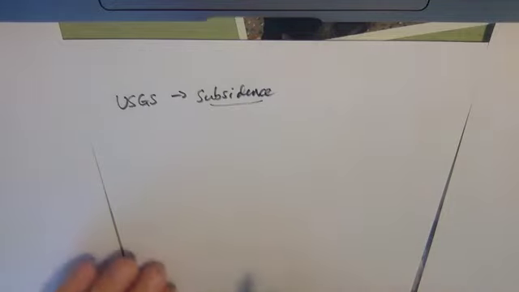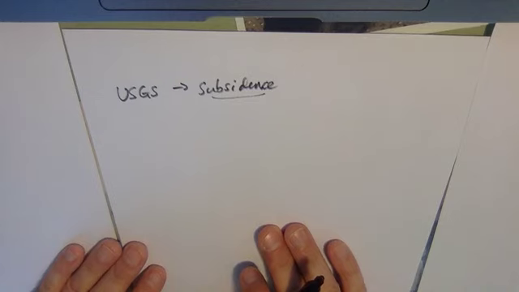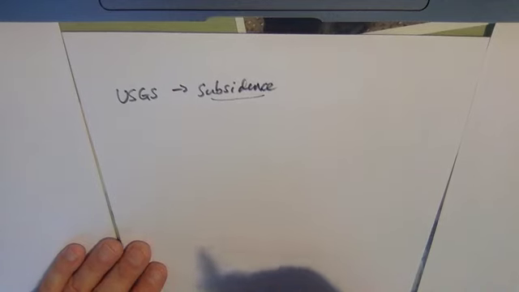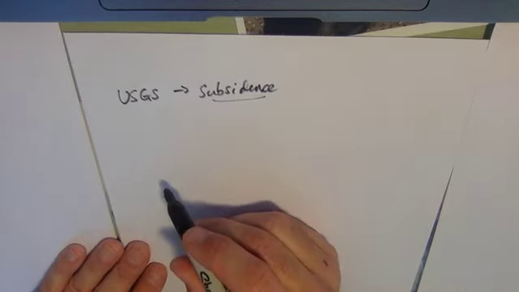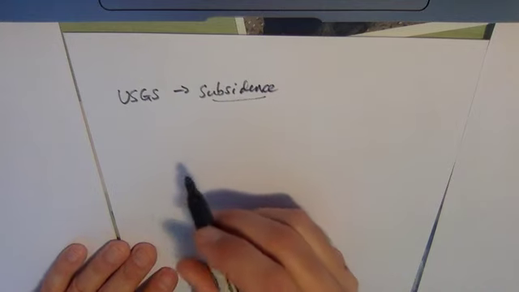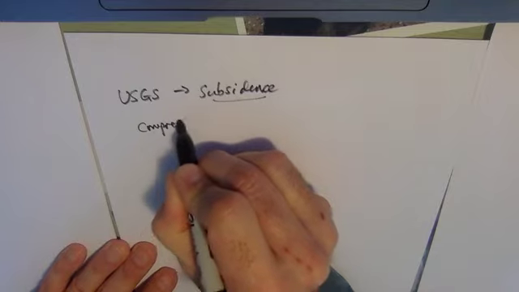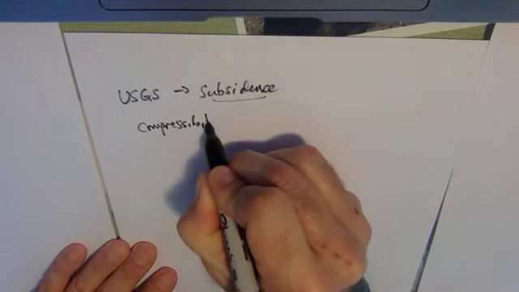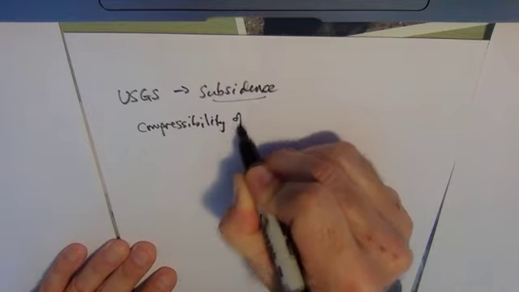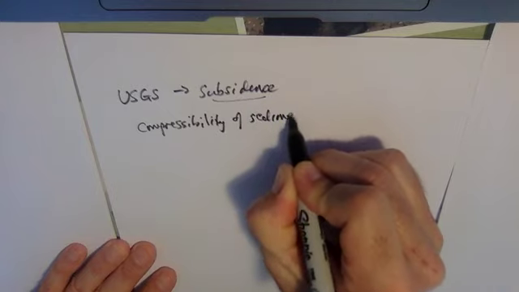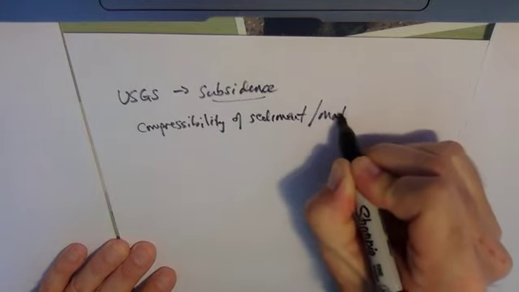And we can actually calculate the amount of subsidence that we might expect to get. And the most important thing to know is the compressibility of the sediment, or of the material that makes up the aquifer.